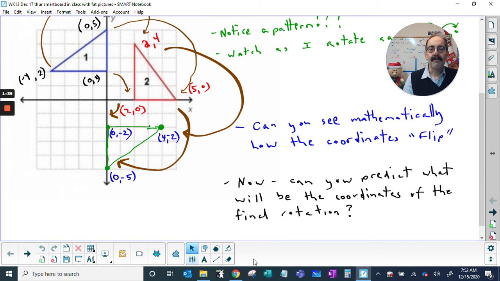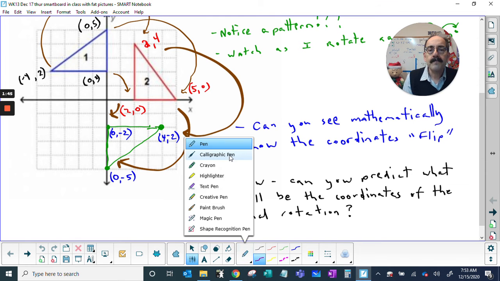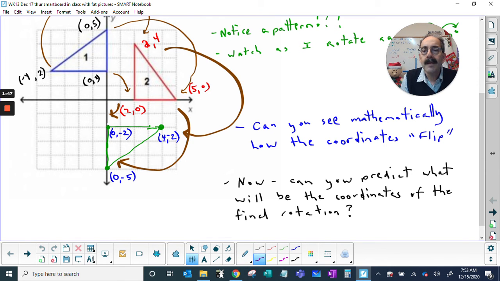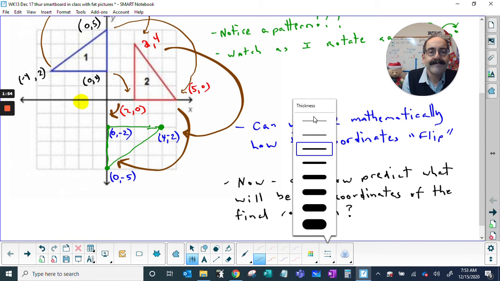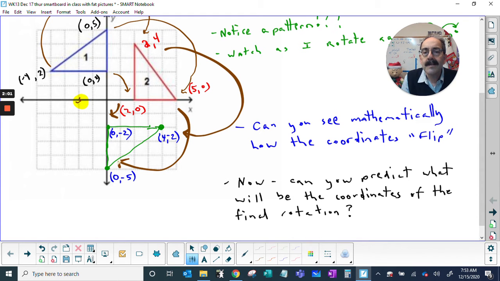Now remember, you can pause the video anytime, but I'm actually going to rotate this up. Okay, so this goes here. Whoop, wrong color. Okay, that goes there. This one's going to go up here. This one's going to go here.